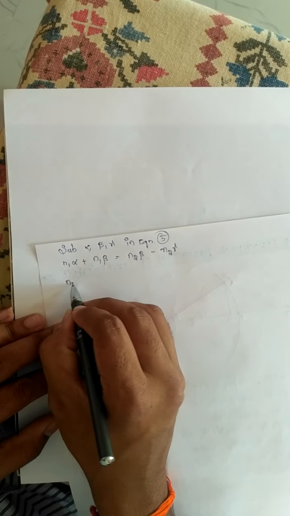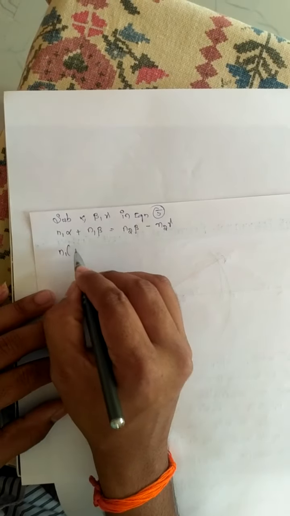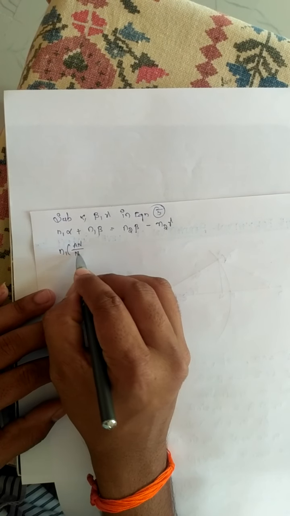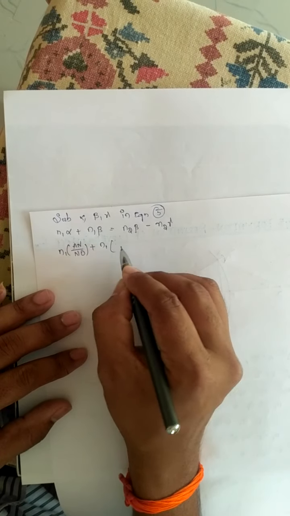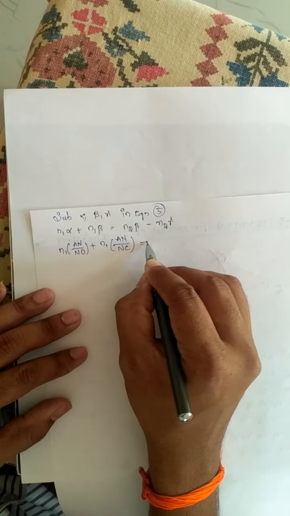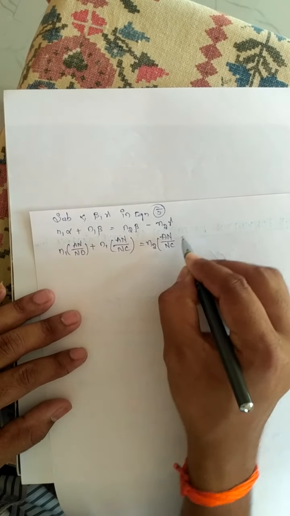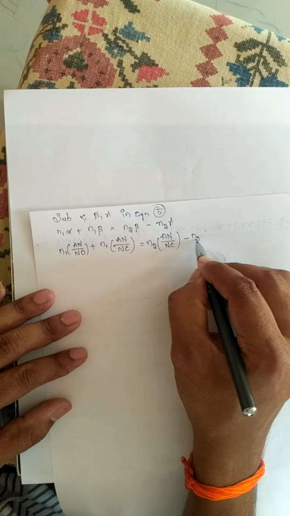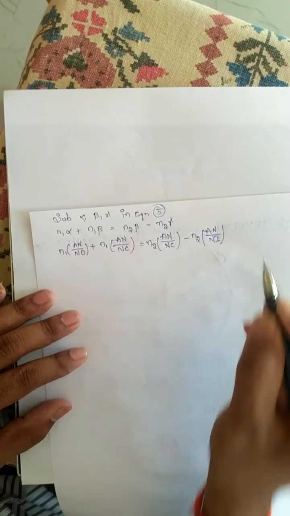So n1 into alpha value, which is AN by NO, plus n1 into beta value AN by NC is equal to n2 into beta, AN by NC, minus n2 into gamma value, AN by NI, right?